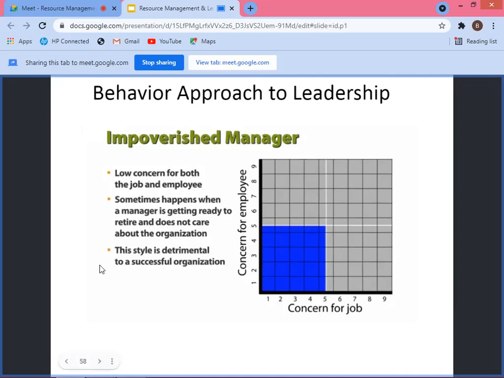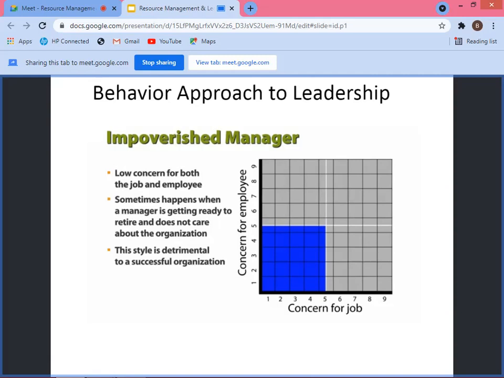So this style is detrimental to a successful organization. Why? He is not contributing anymore to the success of the organization or the success of employees. He is useless, in short, useless. If I am the boss of this manager, I am the manager of this manager, then I will retire him right away, right now.